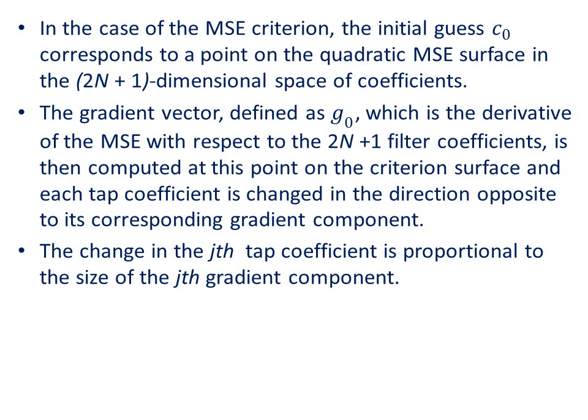The gradient vector defined as G0, which is the derivative of the MSE with respect to the 2N plus 1 filter coefficients, is then computed at this point on the criteria surface, and each tap coefficient is changed in the direction opposite to its corresponding gradient component. This is very important. The change in the jth tap coefficient is proportional to the size of the jth gradient component.